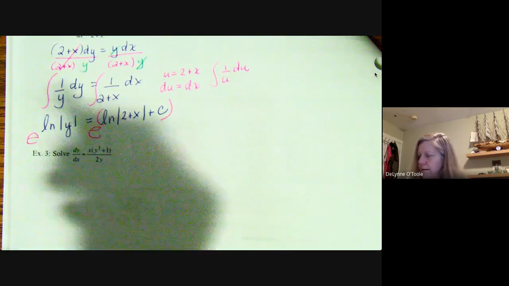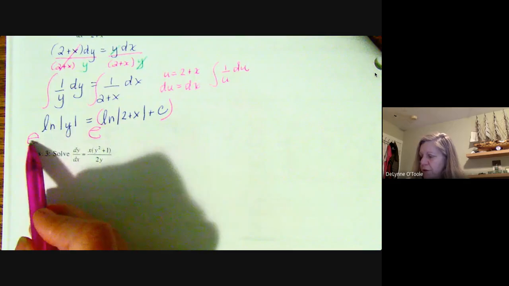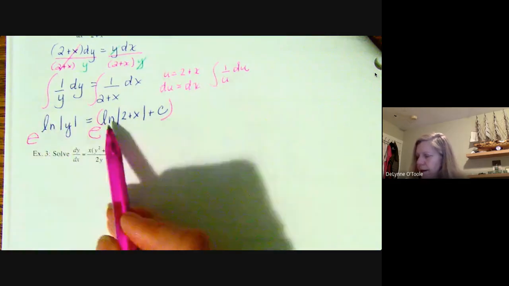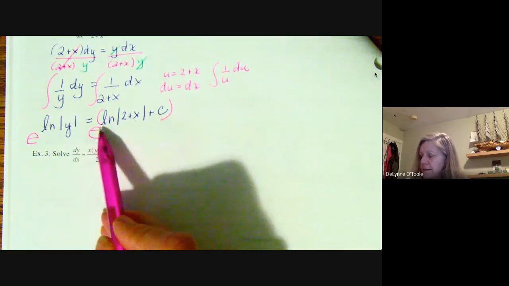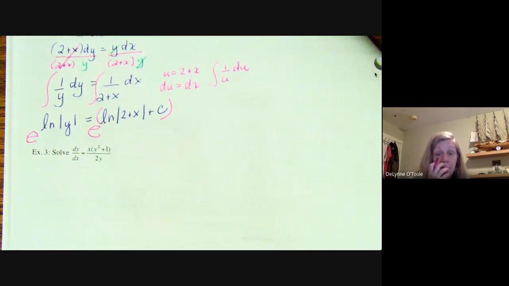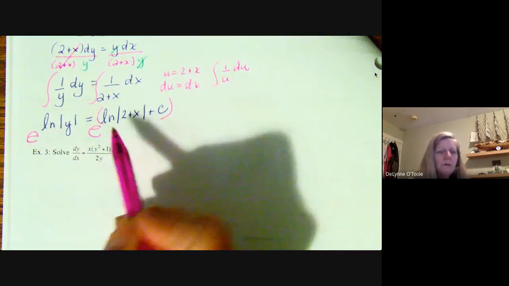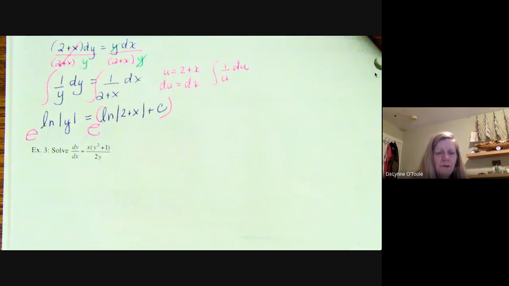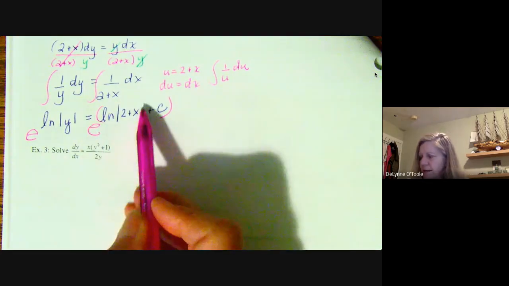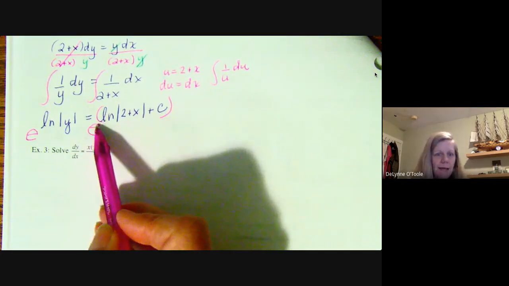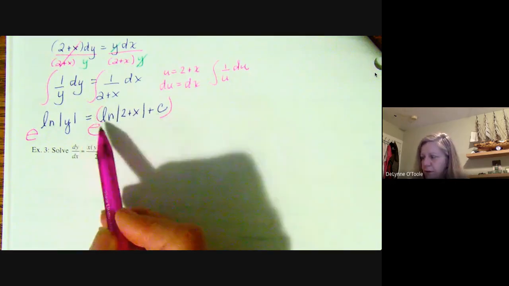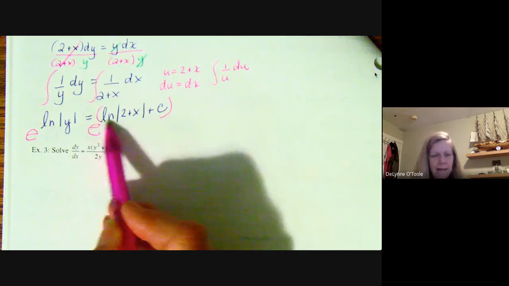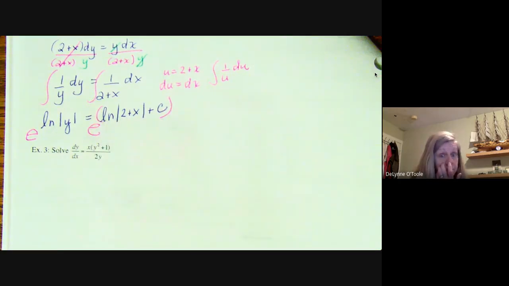You make the natural log of the absolute value of y be an exponent on the e, and then the natural log of 2 plus x plus c be an exponent on the e. Notice I put parentheses around that. The c is also part of that exponent. Some students make the mistake of just making the natural log part of that exponent. That's not correct. The entire thing has to become an exponent.